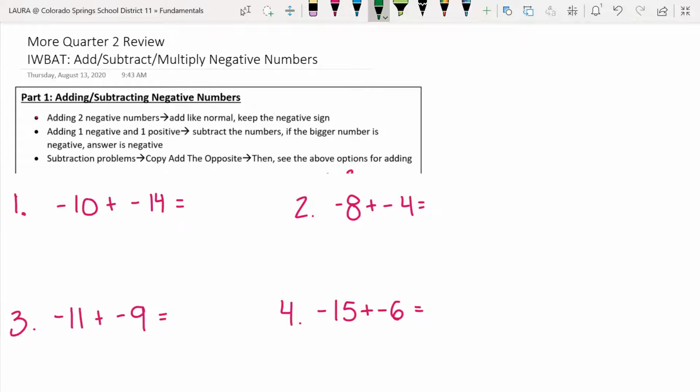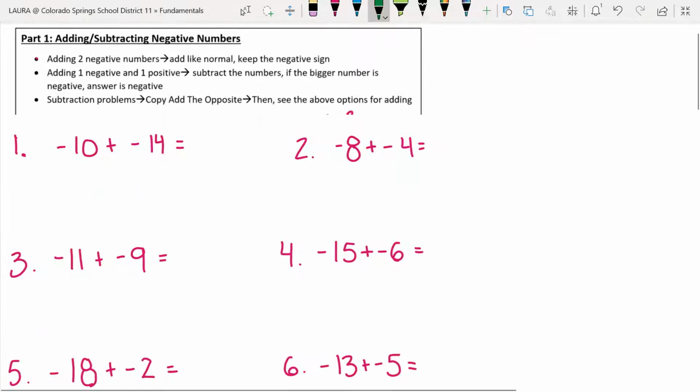In this first section, I will do 3 problems related to the first bullet point. Then we'll pause the video, you'll do some, and we'll go on to the second bullet point. I'll do some problems like that, then you'll do some. Then we'll go to the third bullet point. I'll do some, you'll do some. So let's get started.